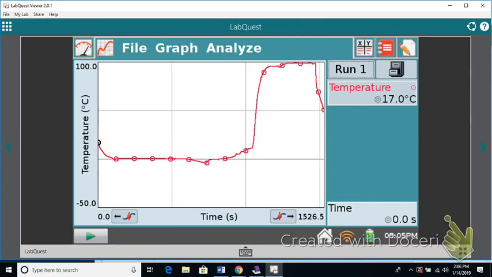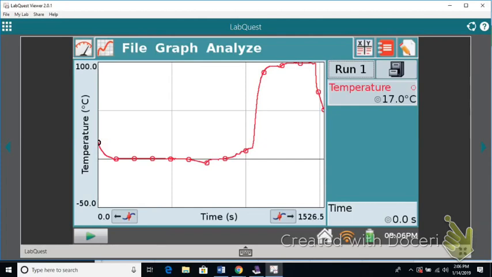Now, every portion of this graph needs to be labeled A through I. You've got to find those transitions. Down below, there's a description. A is cooling of liquid. B is the start of the freezing point. C is the end of the freezing point.